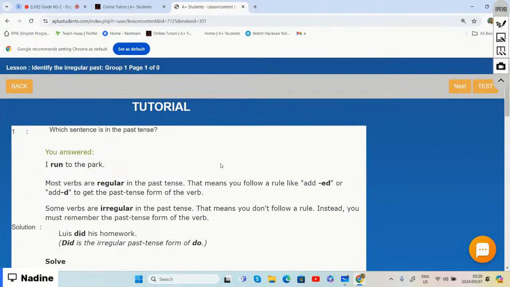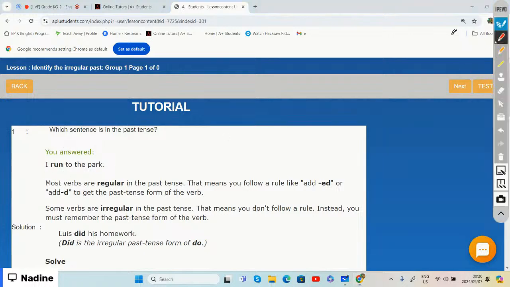All right, so now we're going to find the past tense of the word in bold. It says, I run to the park. What is the past tense of run? We need to identify the past tense of run.